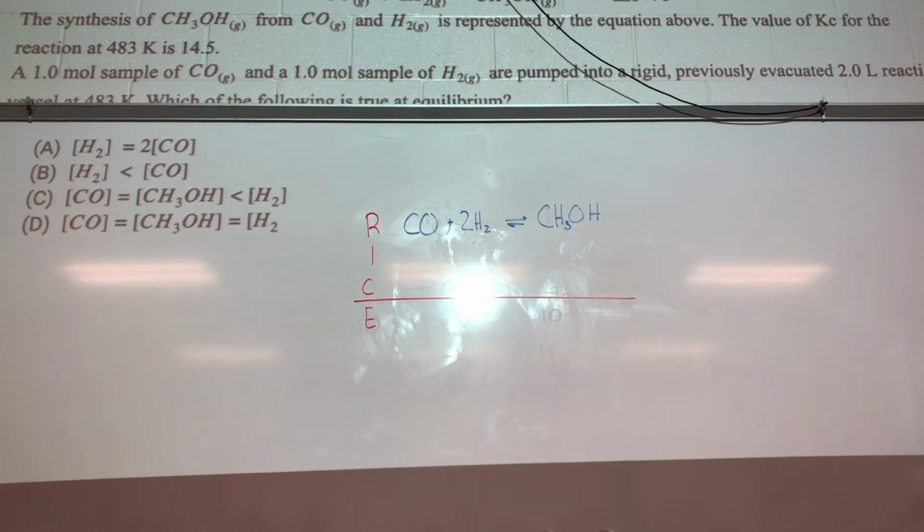This computer programming, is it still counted? Yes, it's concurrent enrollment. It counts for college credit. I still work and play games, and I'm getting college credit.